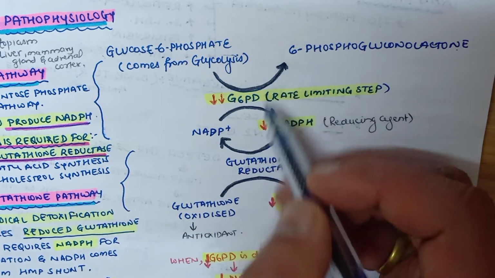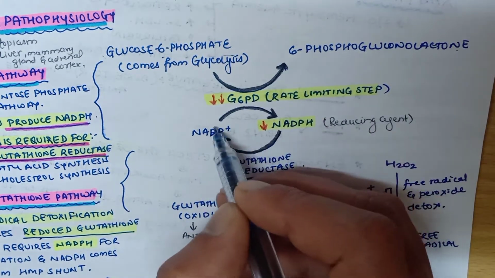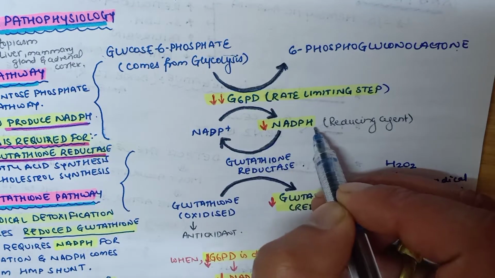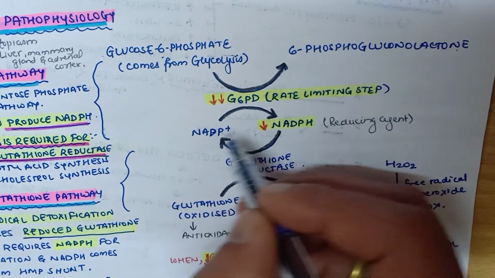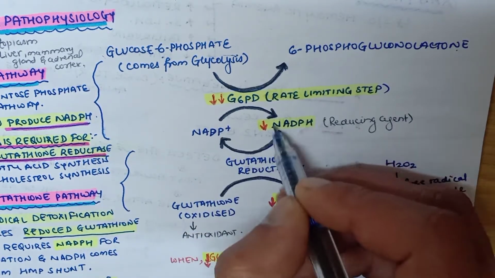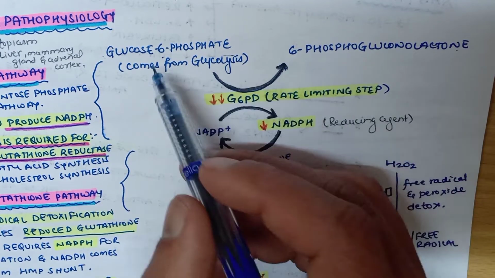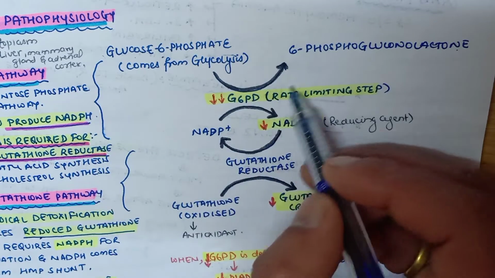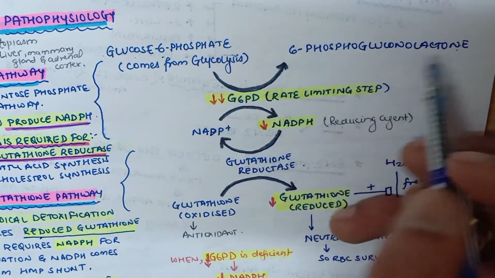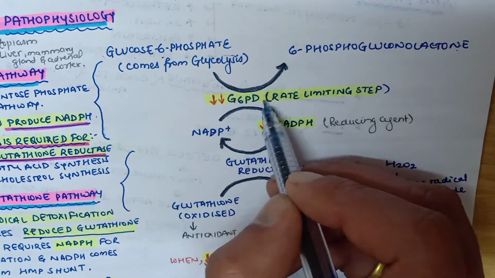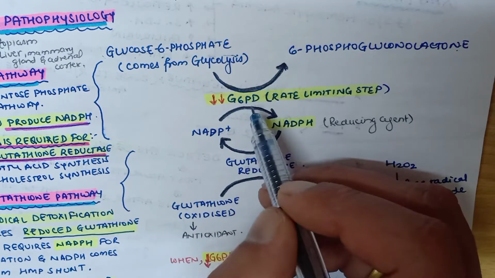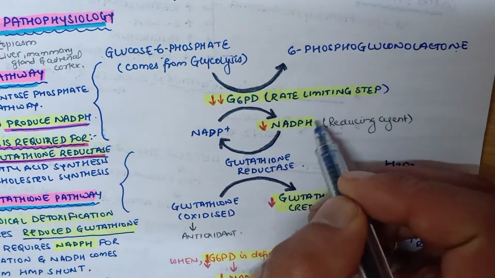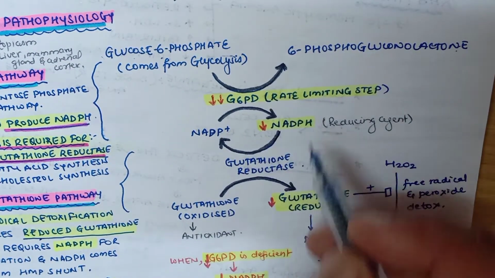This pathway converts NADP plus to NADPH. So NADP will be converted into NADPH during the conversion of glucose-6-phosphate into 6-phosphogluconolactone in the presence of glucose-6-phosphate dehydrogenase enzyme. This NADPH is a reducing agent.